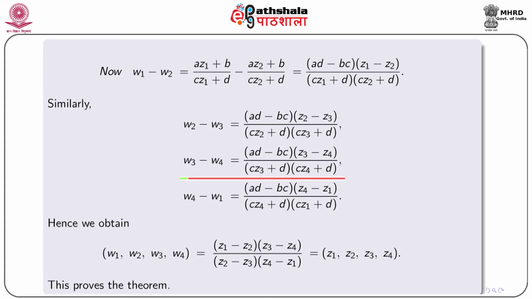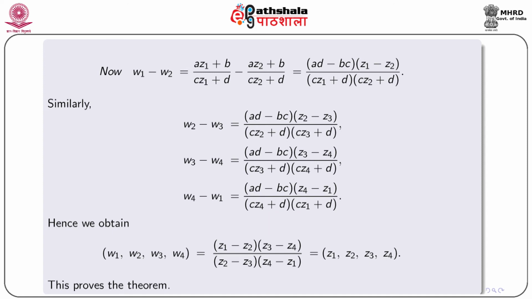W3 minus W4 equals (AD minus BC) into (Z3 minus Z4) by (CZ3 plus D) into (CZ4 plus D), and W4 minus W1 equals (AD minus BC) into (Z4 minus Z1) by (CZ4 plus D) into (CZ1 plus D).